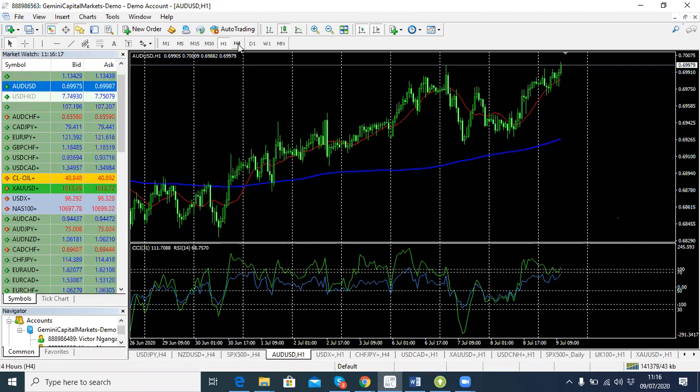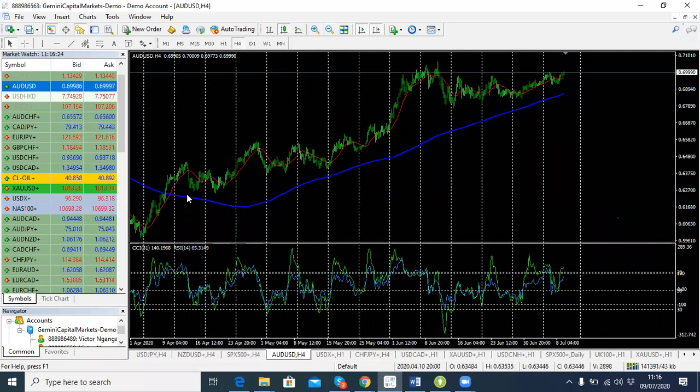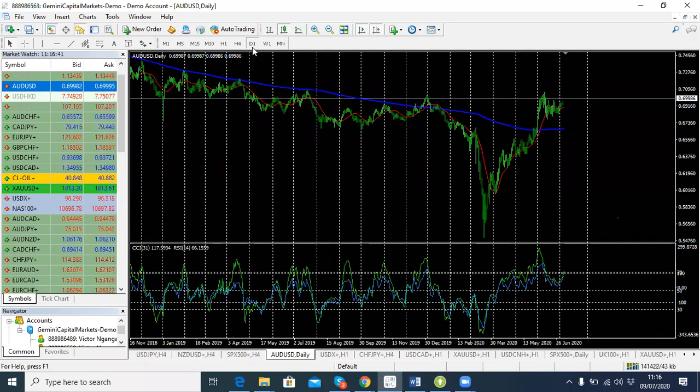This is H1, so it's been going up. Look at this beautiful smooth curve. When the candles are above, you can see the candles are all above the moving average 200. That means the price has been on a steady rise. It's also good to check something we call multiple time frames, but it will depend on what type of trader you are.